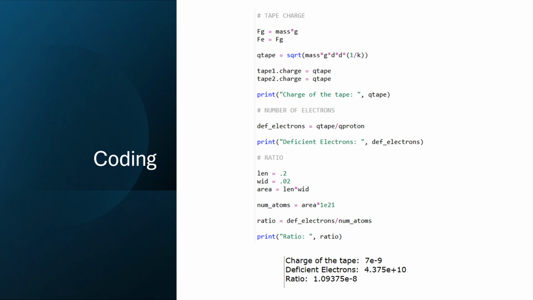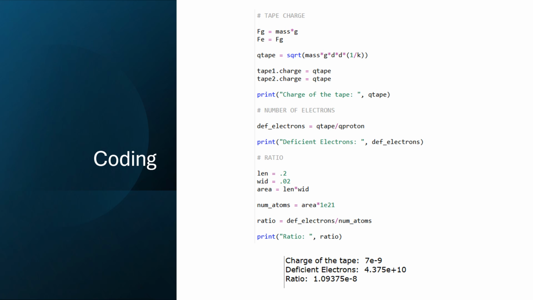We want the charge and we have the force, so we just reverse the force equation. And then I set some charges on the tapes, and then I printed that the charge of the tape is Q tape. For the number of electrons, I divided the charge on the tape by the charge of one proton, so we get the number of deficient electrons.